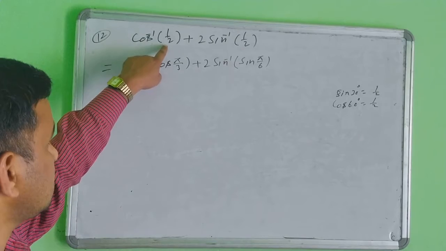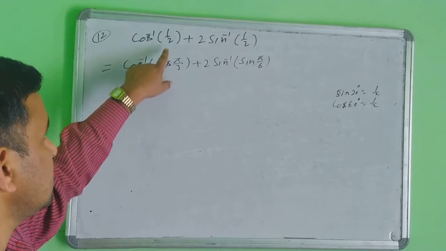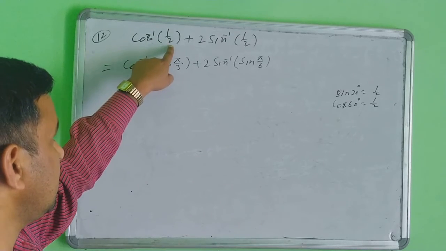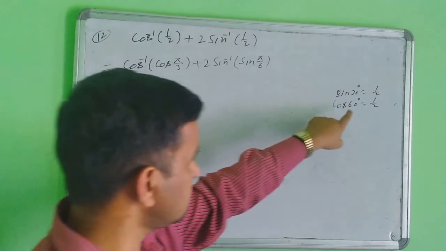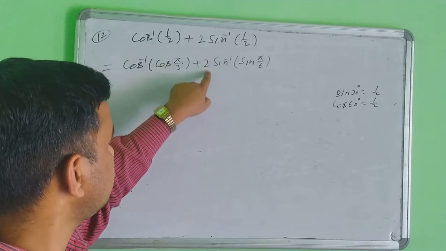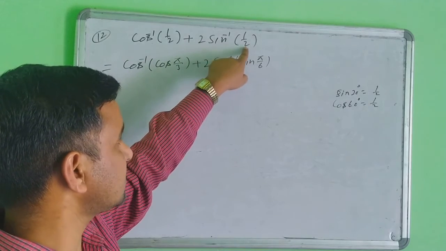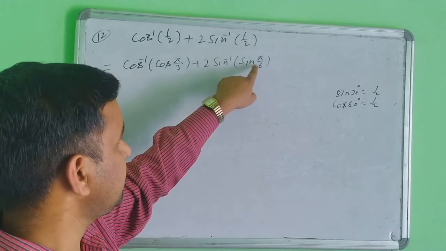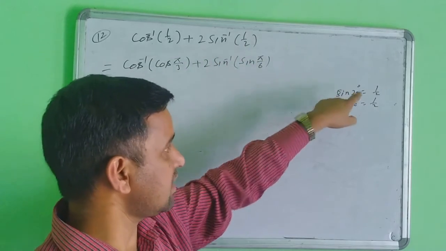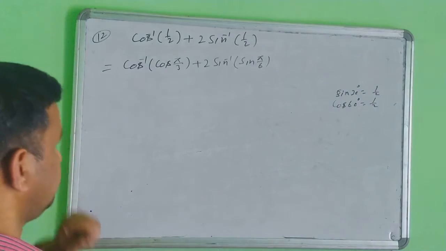For the cos inverse, 1 by 2 belongs to pi by 3, because cos 60 is 1 by 2. And for the sine inverse, you write the value inside of the sine, so sin 30 is 1 by 2, sin 30 means pi by 6.